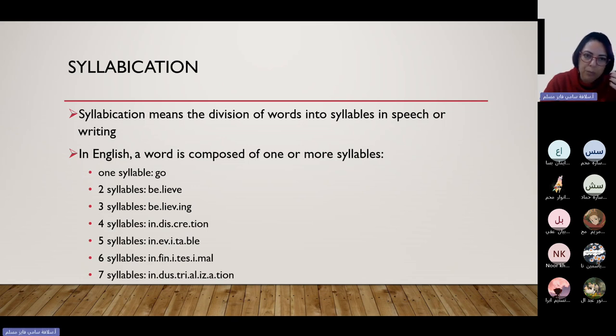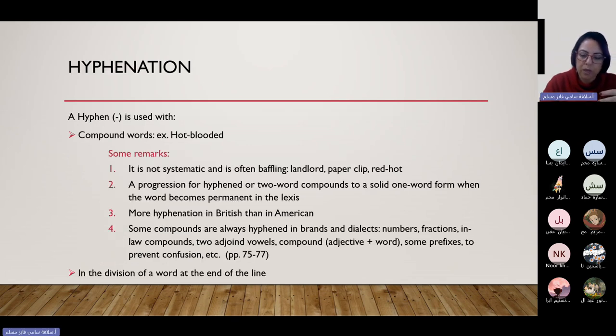So one of the most important things that we will talk about in this unit is the use of some punctuation marks. Okay? We will go into detail for each one of them, but the main ones that we will talk about are the ones that we already know: the comma, the full stop, the colon, semicolon, the hyphen.